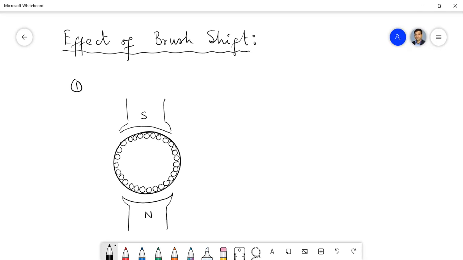Generally for field coil in DC machine we use concentric coil, and for armature we use the distributed coil. Now suppose under the South Pole we have all dot conductors, and under the North Pole we have cross conductors.